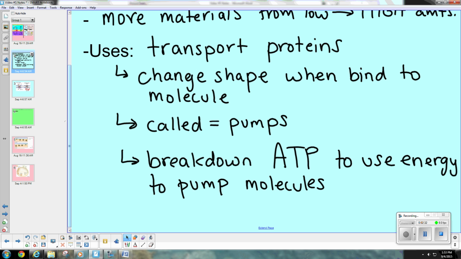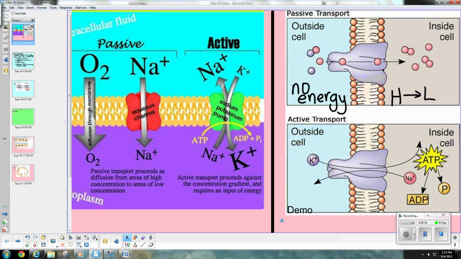That's what the image I started this video with is showing: going from low amounts to high amounts, using the pump, and the pump requires energy, which is ATP.